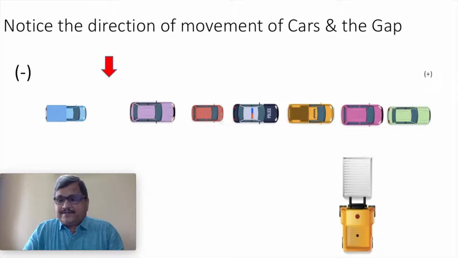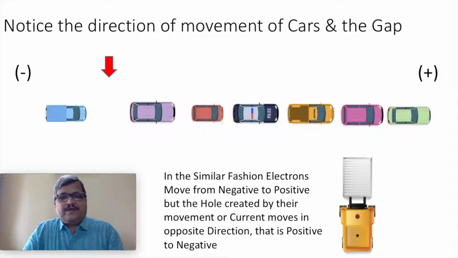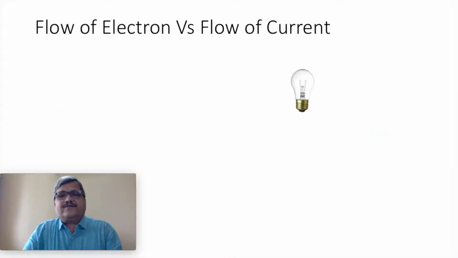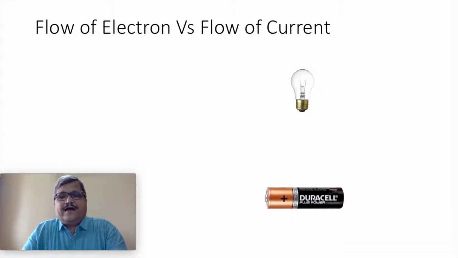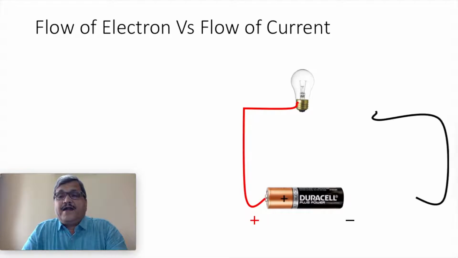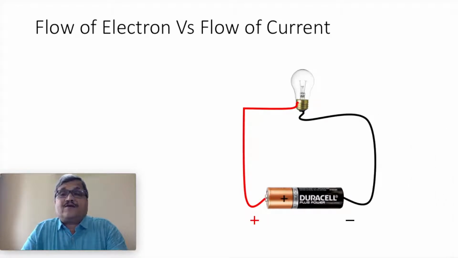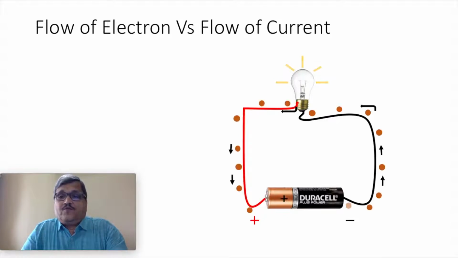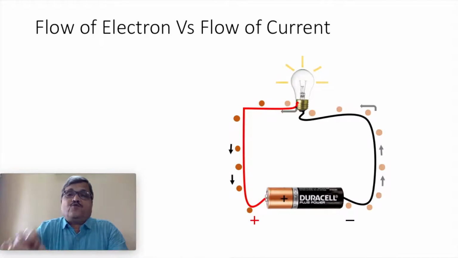Now let us see in electrical engineering. What if this is a bulb and this is a battery or cell, and these are the positive and negative ends, and I connect one wire from the positive to the cap of the bulb and a negative wire to the bottom connector of the bulb, then the bulb will glow. So the direction of electrons will be from negative to positive through the bulb.